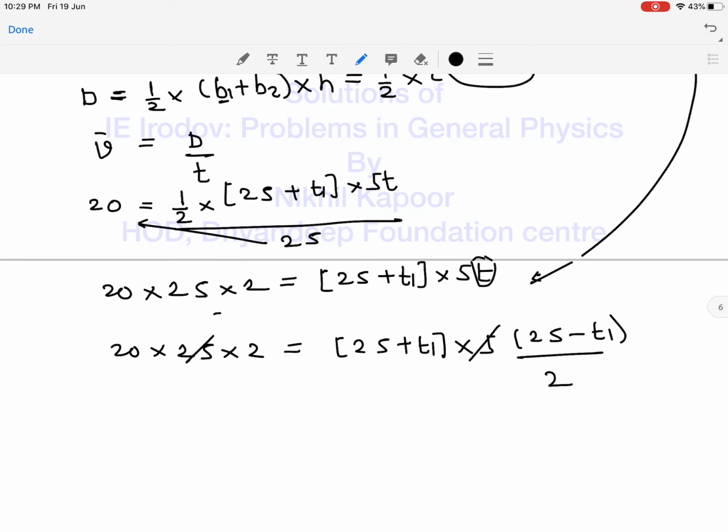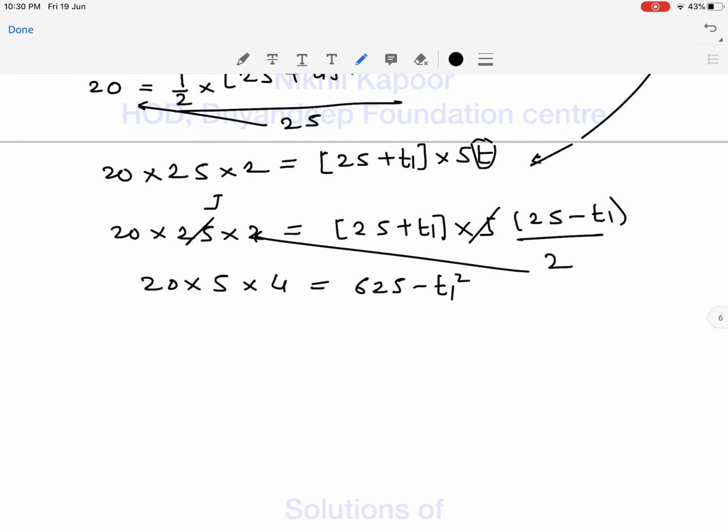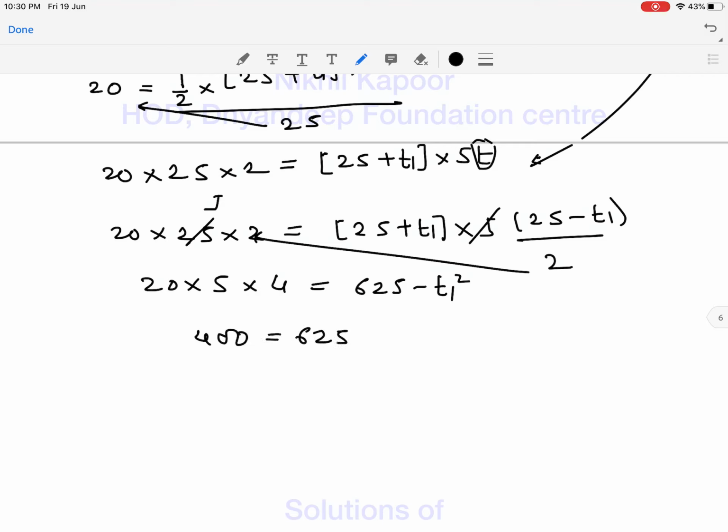So 5 and 5 are 25, this 2 will come here, it becomes 4, and 20 into 5 into 2, 2s are 4, is equal to a plus b times a minus b, which will be a square minus b square. Now 4 5s are 20, so this will be 400 is equal to 625 minus t1 square.